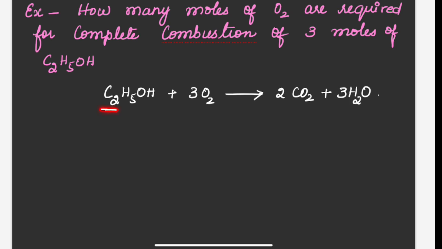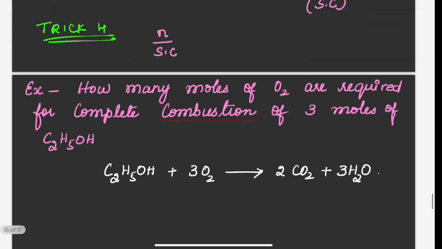Carbon: here you can see there are 2 carbon atoms, and here also 2 carbon atoms. Hydrogen: 5 plus 1 is 6, 3 twos are 6, balanced. Oxygen: 3 twos are 6, 6 plus 1 is 7. And here you can see 2 twos are 4, 4 plus 3 is 7. So the given equation is balanced. So the first trick is over.